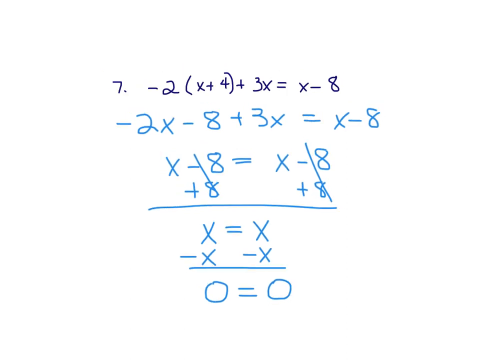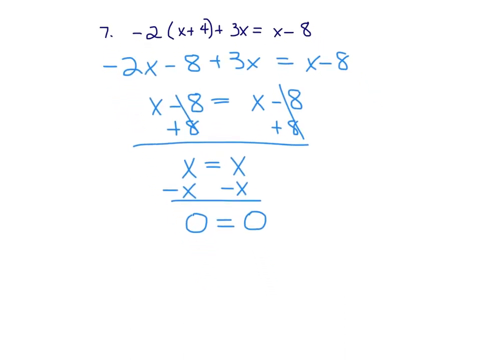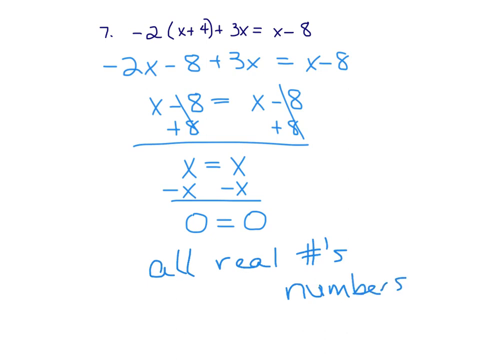So if at any point you end up with a true statement, then you will say that the solution set is all real numbers. You can either abbreviate it that way, or you can write out the words all real numbers. So as soon as you see both sides of your equation are equal, the solution set will be all real numbers.